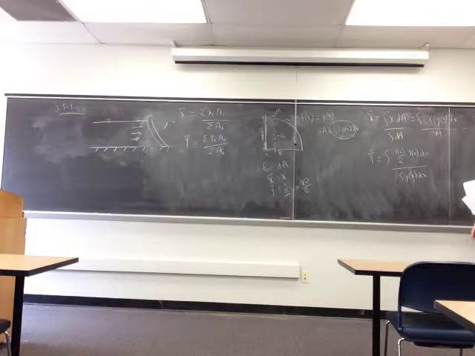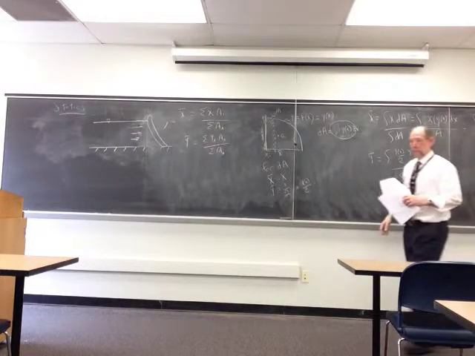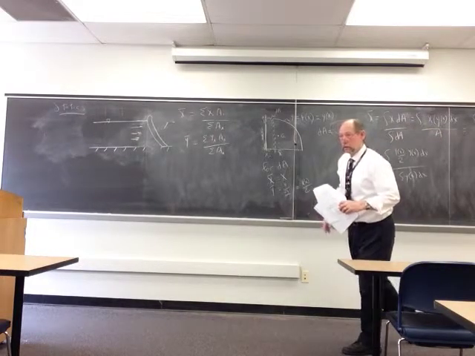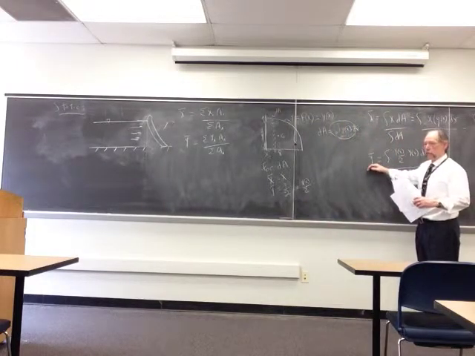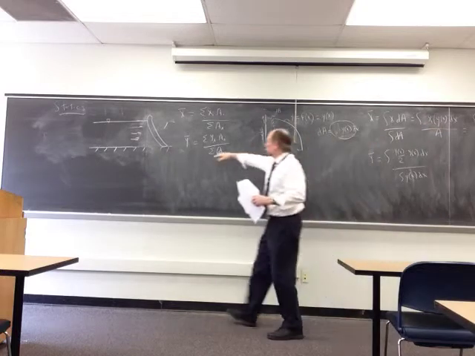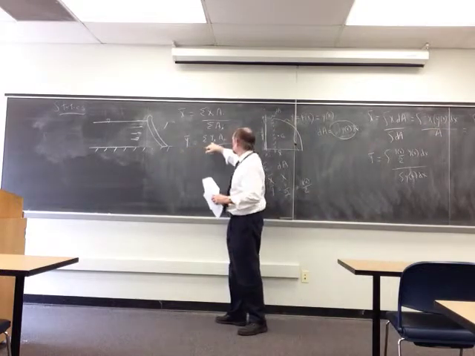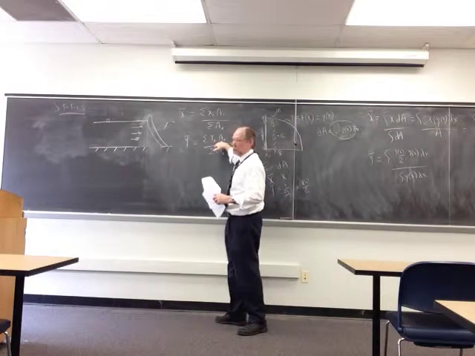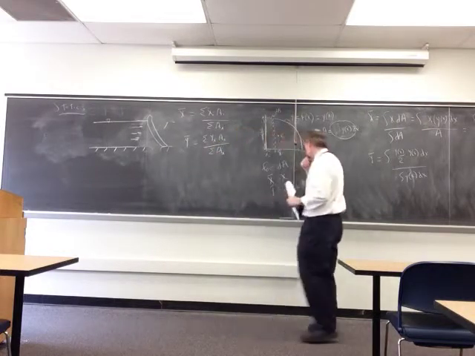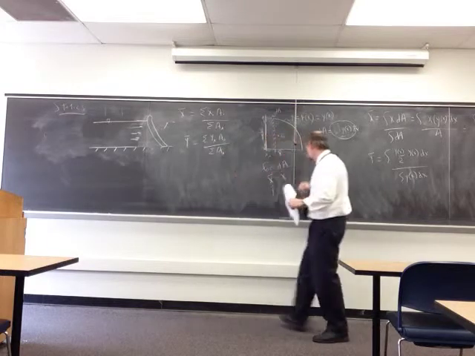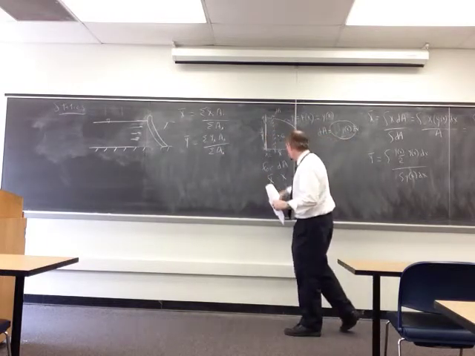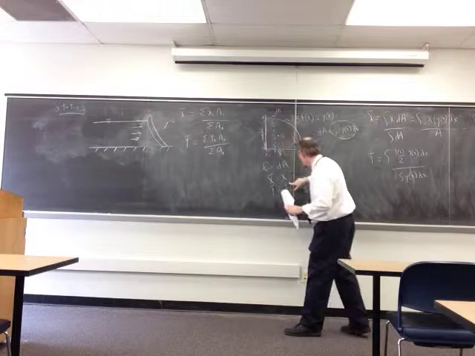I'm confused why we put y of x over 2 in brackets. For the y parameter, we're looking for the y component of the centroid. And we said over here that the y component of the centroid is equal to the sum of yi ai over ai. And yi is y over 2.